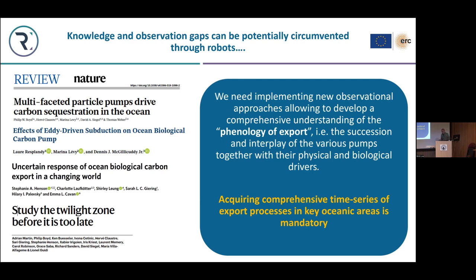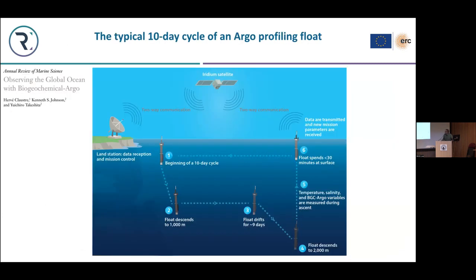From this, the use of robots, especially BGC Argo, could be of strong help in moving toward a more comprehensive study of the biological carbon pump. So, for those who do not know, what is the typical 10-day cycle of an Argo profiling float?